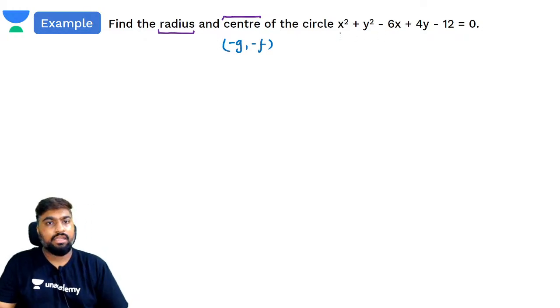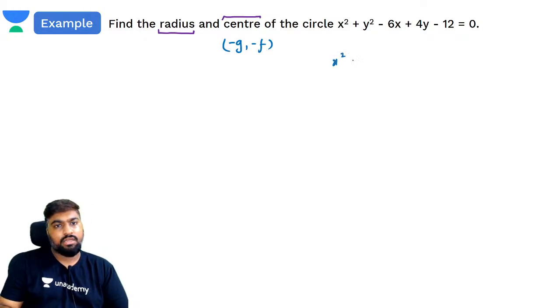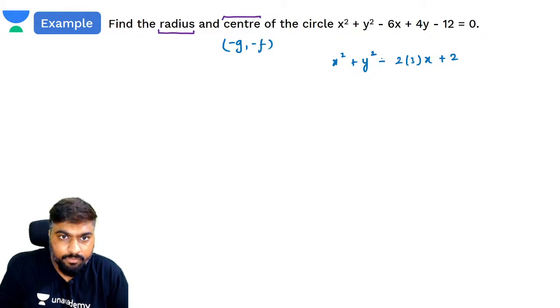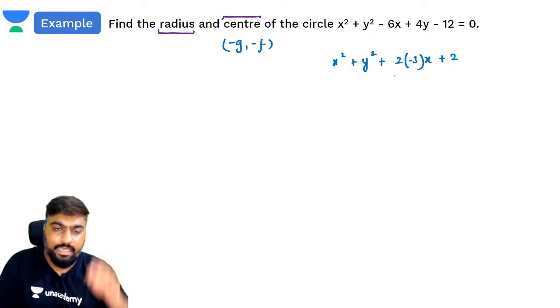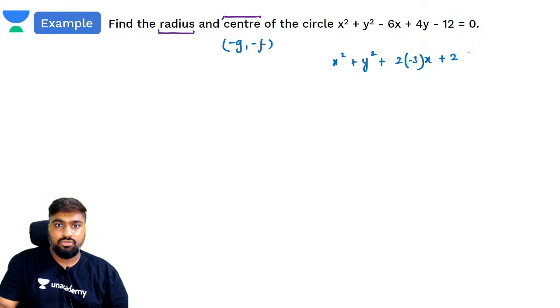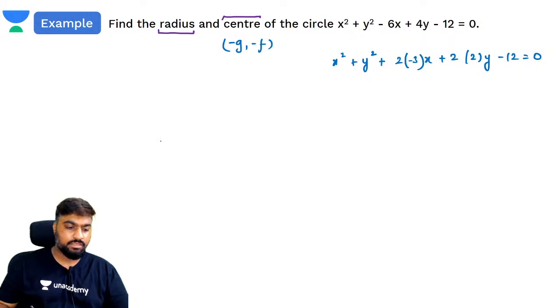So here you can rewrite this entire equation as x square plus y square minus 2 into 3x plus 2 into 2y minus 12 is equal to 0.